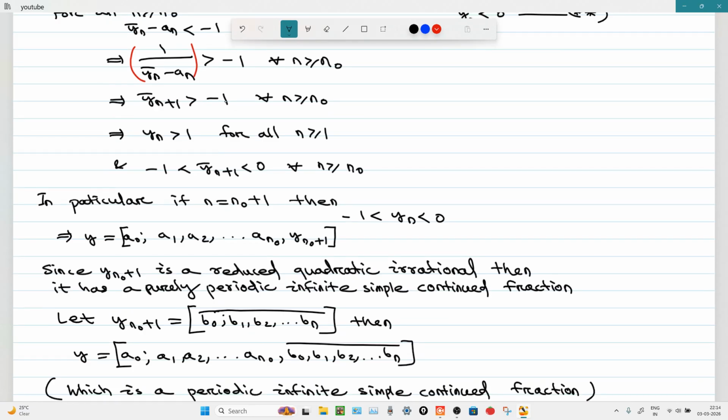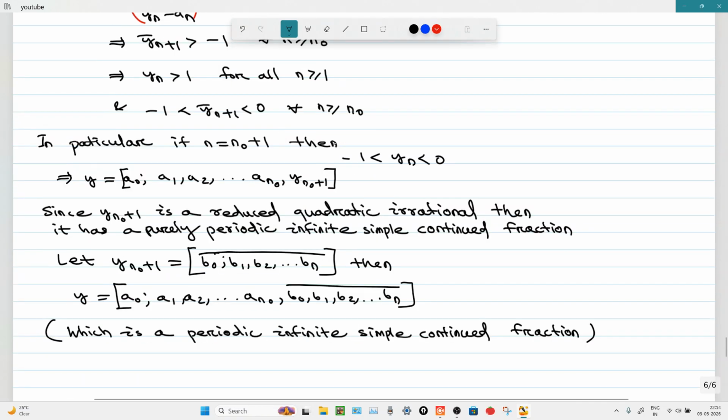If yn bar is greater than minus 1, then yn is greater than or equal to 1. In particular, if n equals n0 plus 1, then yn bar is less than or equal to 0, which implies y equals a0, a1, a2, ..., a(n0), comma y(n0 plus 1).